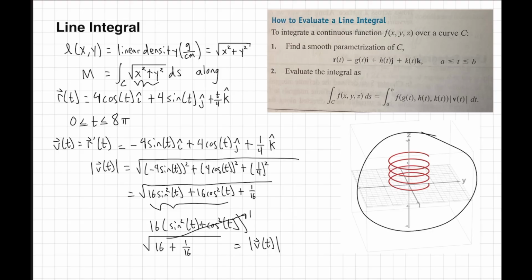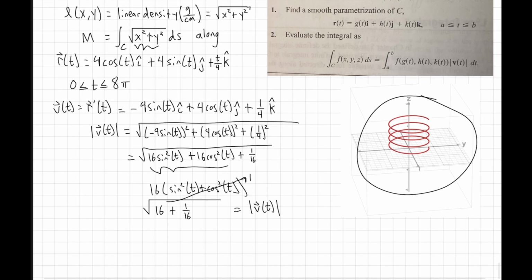So now that we have that handy, let's go ahead and substitute the values of the parameterization into our linear density function. And what I'm talking about there with the linear density function is this function in the integral. Anytime we see an x, we're going to replace it with the x component. Anytime we see a y, we'll replace it with the y component.